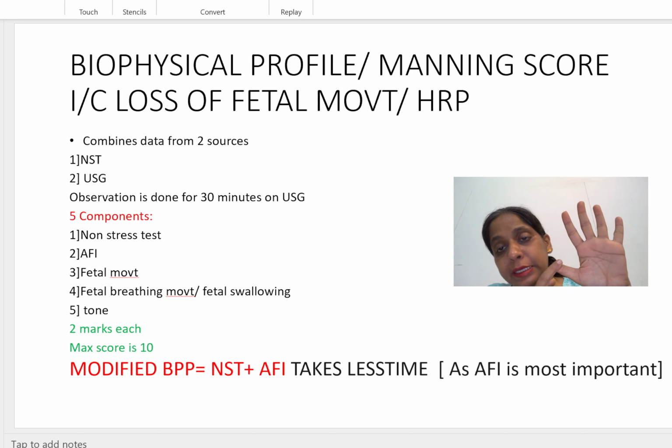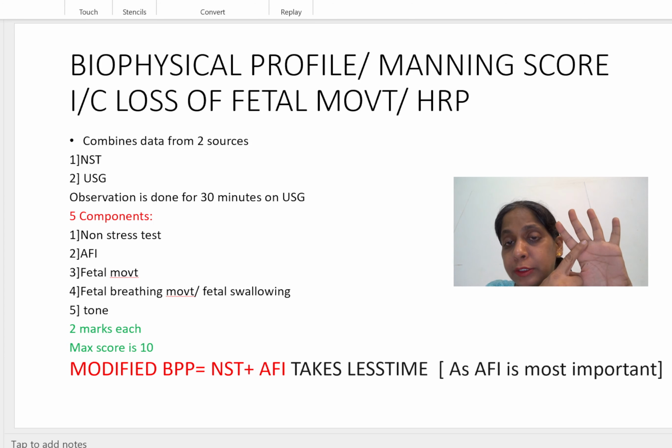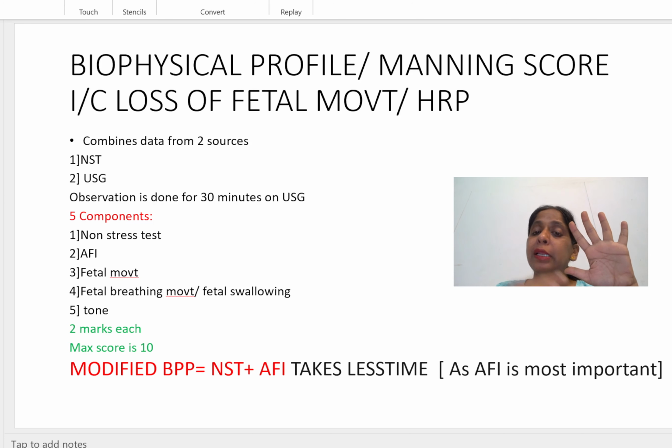If the NST is reactive, 2 marks. If AFI is normal, 2 marks. If fetal movement, the movement of the limbs, is normal, 2 marks. If fetal breathing movement is active, if it is swallowing, 2 marks. And if fetal tone is okay, then 2 marks. In total, the maximum score is 10.